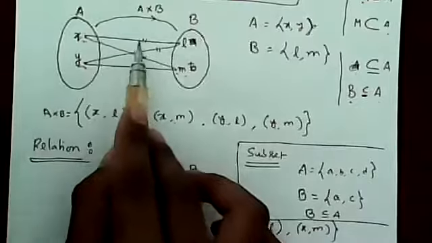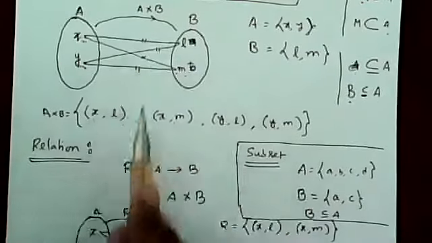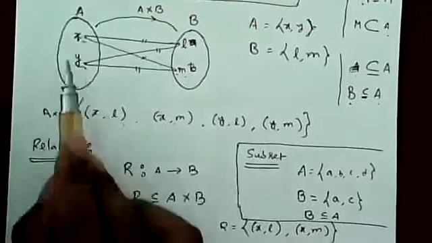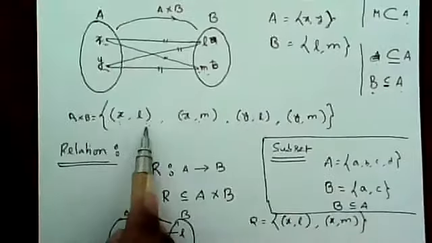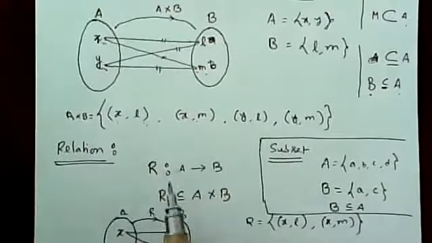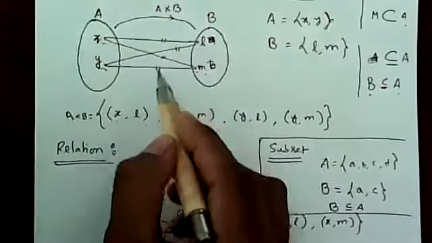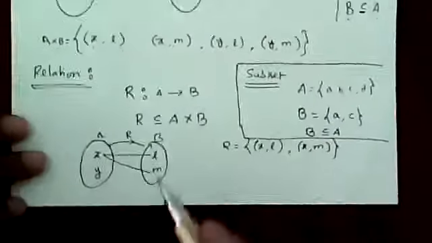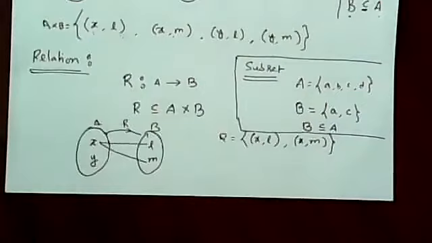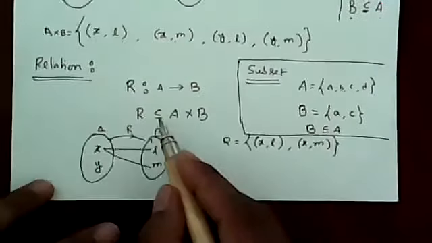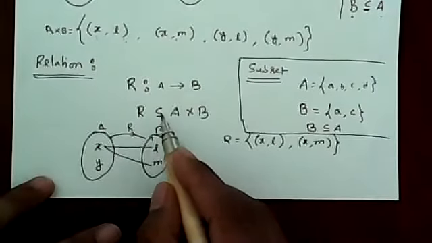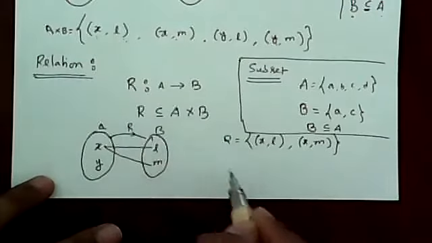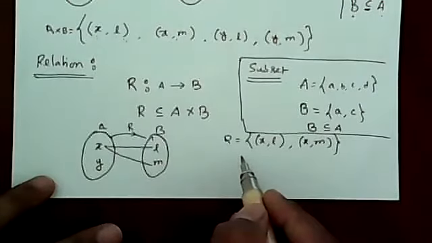Mathematically, these connections have to be introduced with some mathematical symbol. So XL we have written like this, and similarly I have written the remaining connections. Now to get the relations, since a relation is a subset, we need to put some restriction.